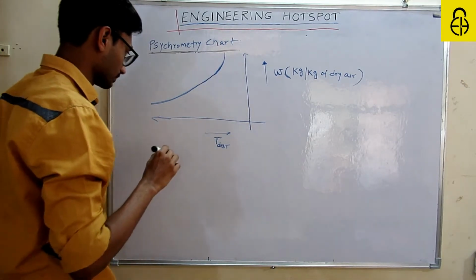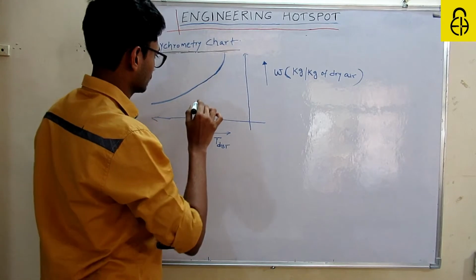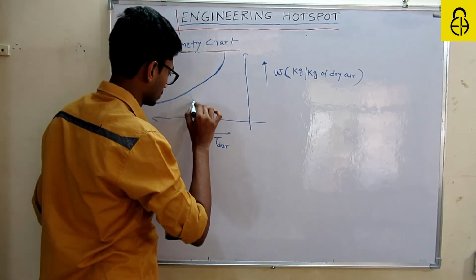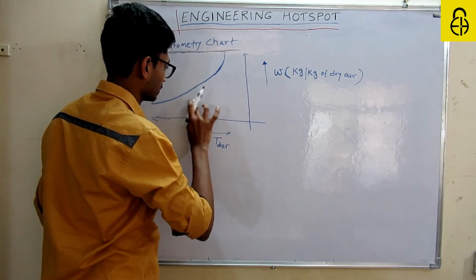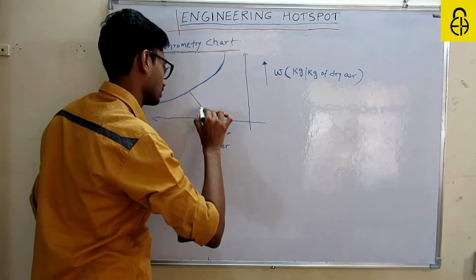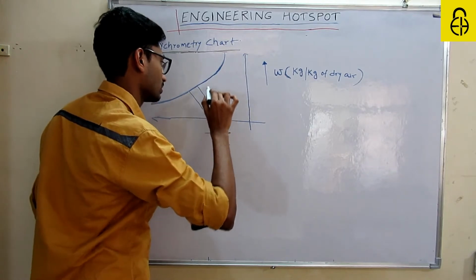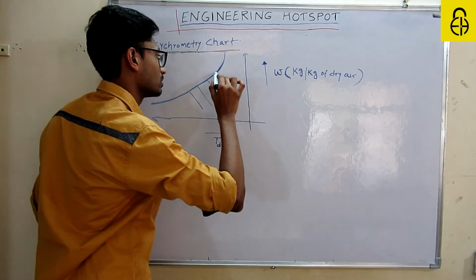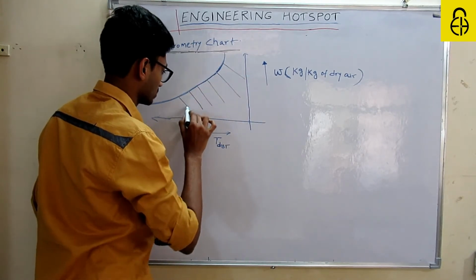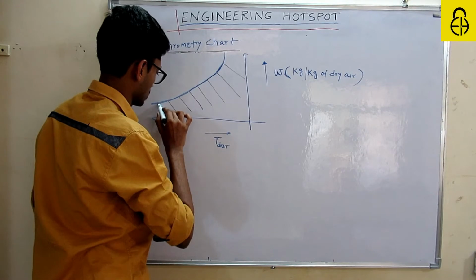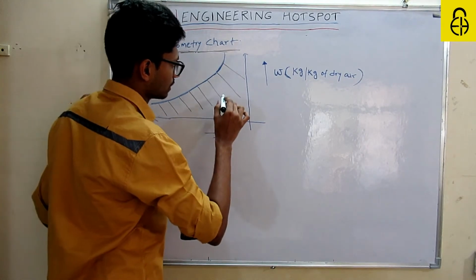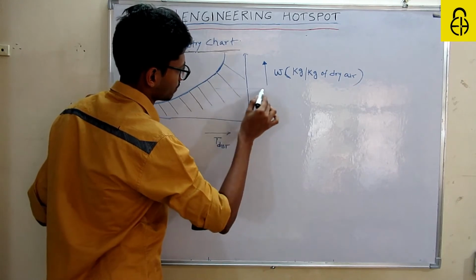There are some lines. Suppose I am drawing lines like this. These lines are basically the lines of constant enthalpy.